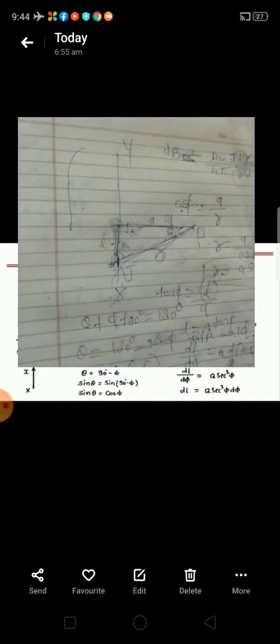I put all these values in this equation, which we can take as the first equation.